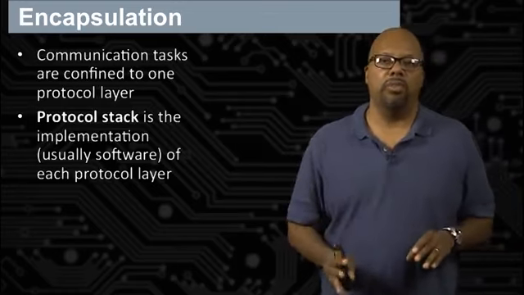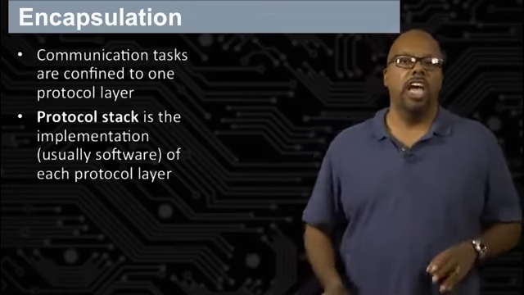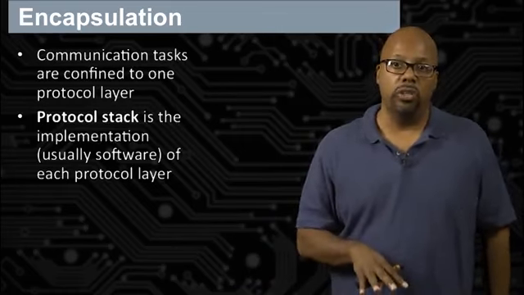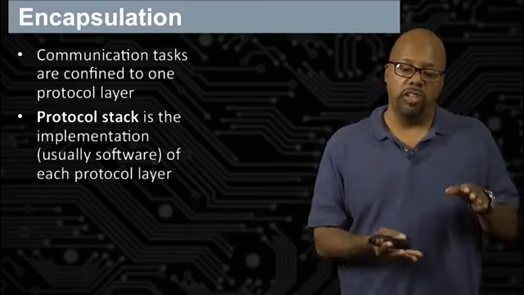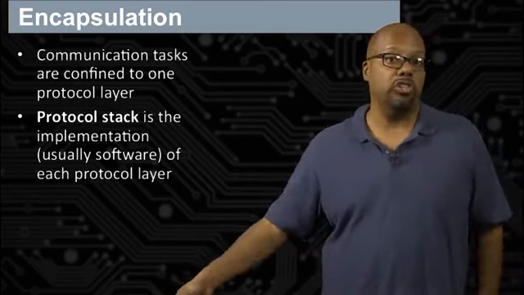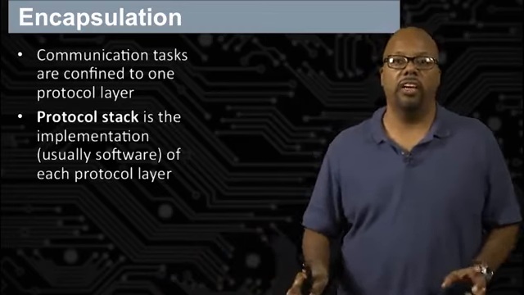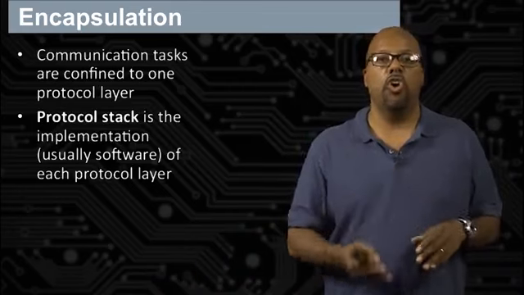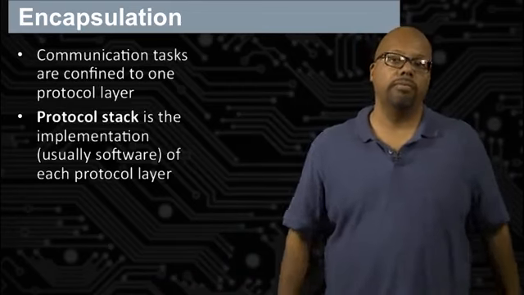So it is encapsulated. It's separating the different layers. The whole point of that is to make it simpler to understand and also to write code. As a programmer, if you're dealing with the layer that deals with routing, then that's all you have to think about. You don't have to think about flow control because flow control is dealt with at another layer. So that's what encapsulation generally means. And a protocol stack is the implementation of all the different layers put together.